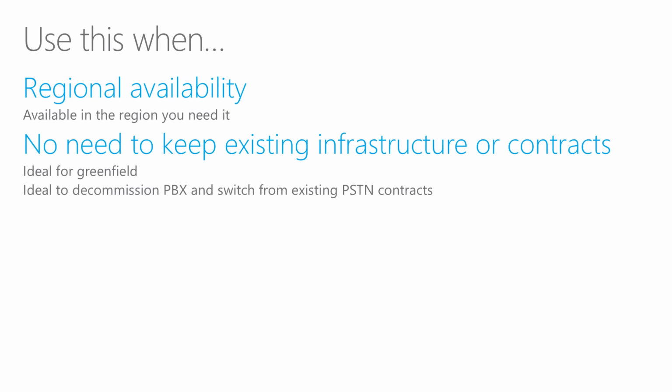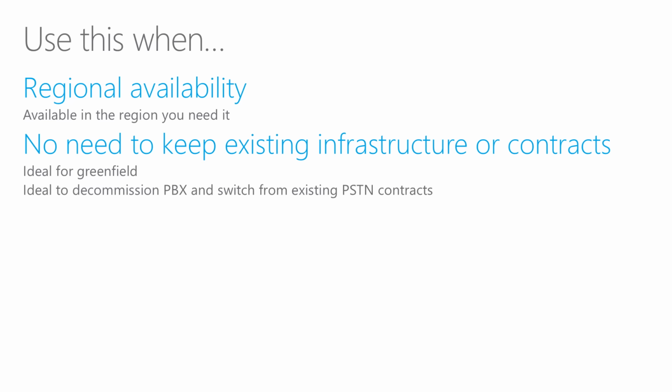So when do you want to use Cloud PBX with PSTN calling? Well, you want to use it if the users are located in one of the regions where Cloud PBX with PSTN calling is available, and if there's no need to keep an existing infrastructure. So if you already have a PBX, if you are already integrated with Skype for Business, if you have long-term contracts that you need to continue leveraging, then Cloud PBX with PSTN calling might not be the best option for you yet, until these contracts run out.